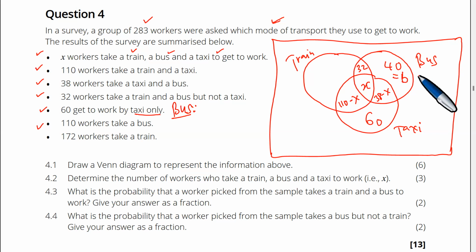So which means that you're going to have 32 plus x, 38 minus x plus b, equals 110. It's not degrees.